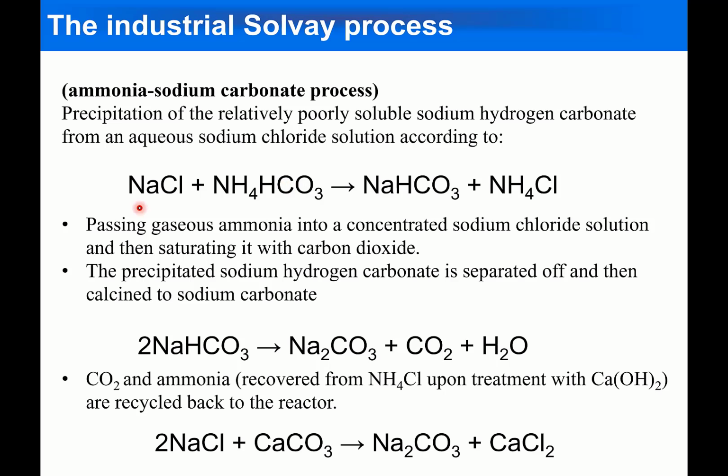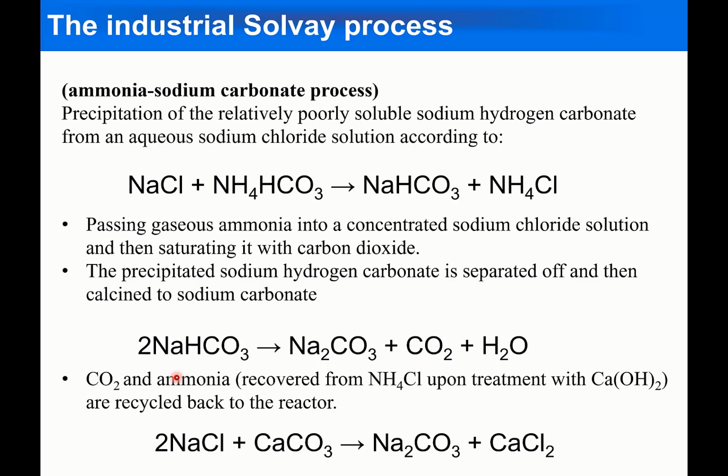Ammonium bicarbonate reagent is produced by passing ammonia into a concentrated solution of sodium chloride, then saturating the solution with carbon dioxide. Once you do that, the sodium hydrogen carbonate will precipitate and it's going to deposit. Then you can calcinate it in order to decompose it into the carbonate form, which is going to produce carbon dioxide again.